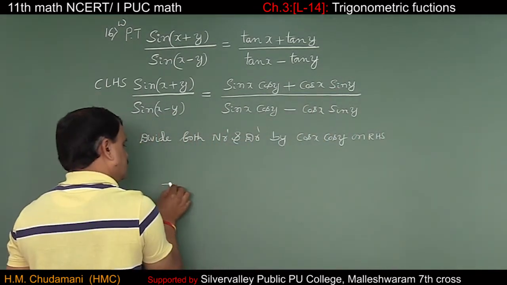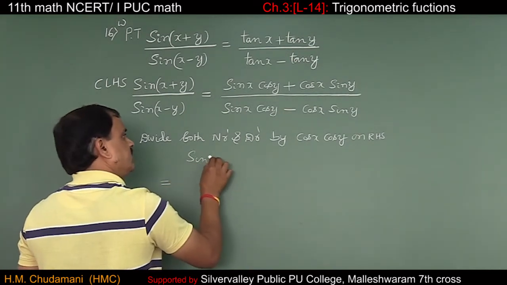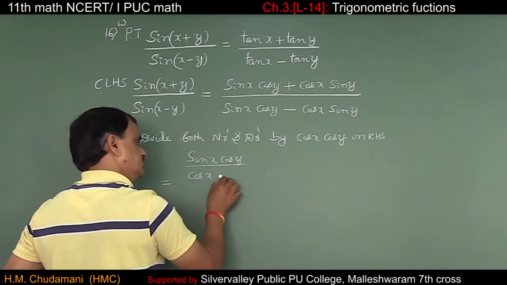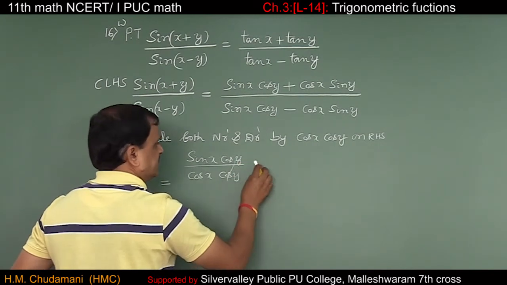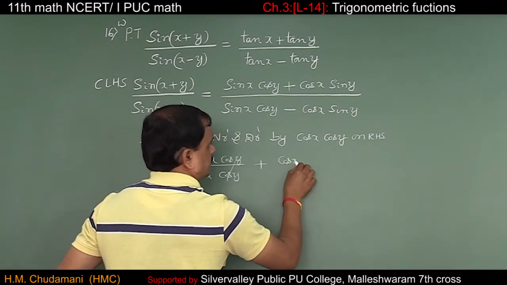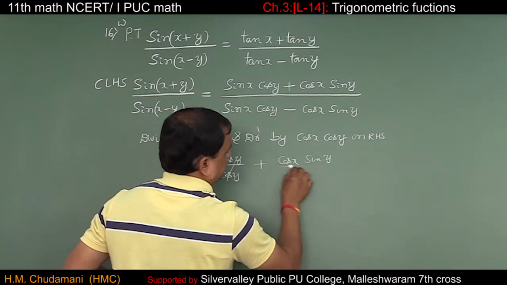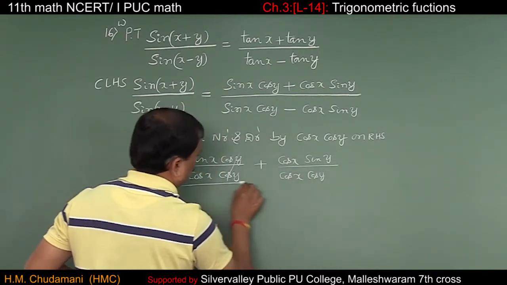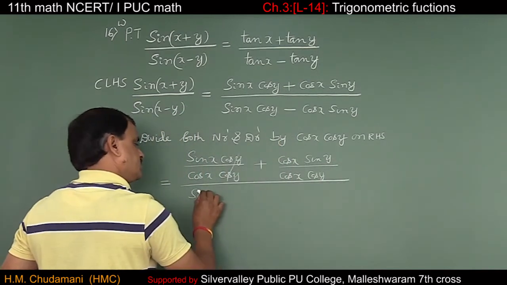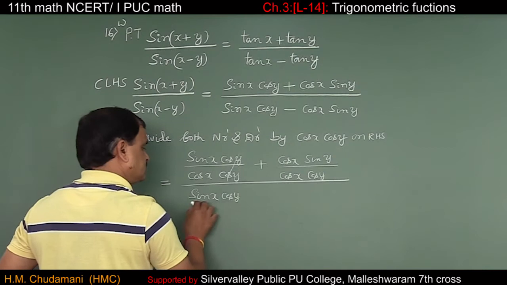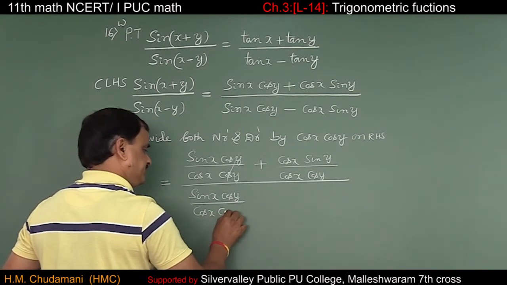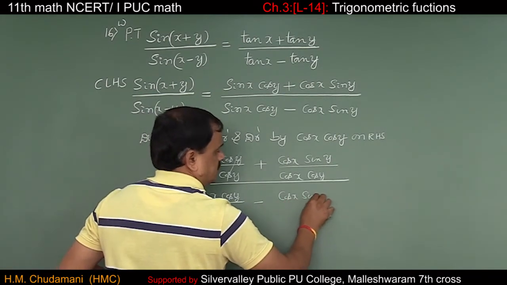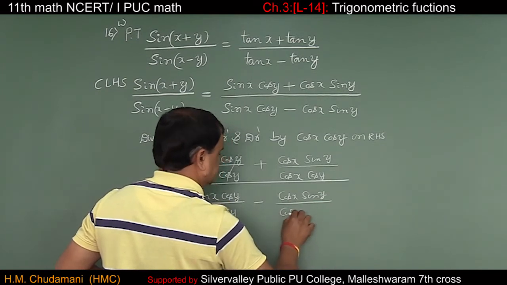So this is equal to sin x cos y, we are dividing by cos x cos y, cos y gets cancelled, plus cos x sin y divided by cos x cos y, whole divided by sin x cos y divided by cos x cos y minus cos x sin y divided by cos x cos y.